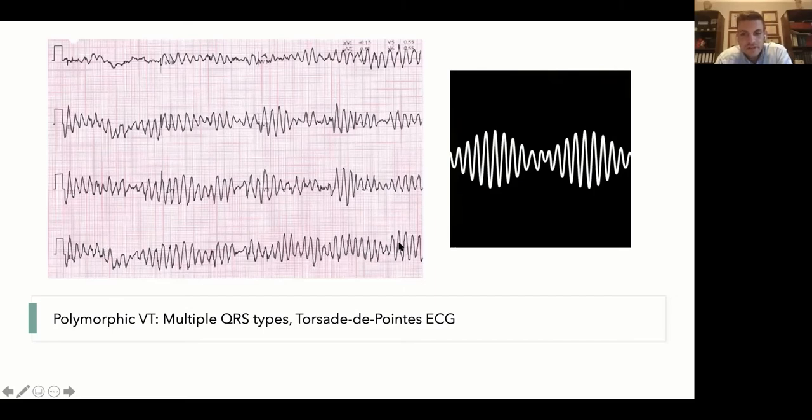This is a bit of a tough one, but you can see here, it's like a continuous double-headed ECG. This will actually be left bundle branch morphology. So this is from the right ventricle. This is a bit tough, but we'll go through it later, okay?